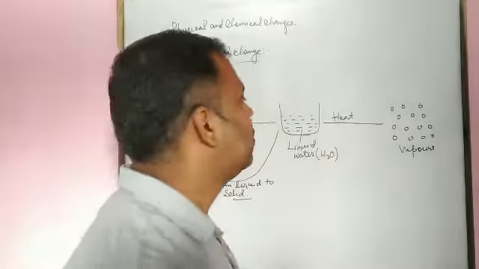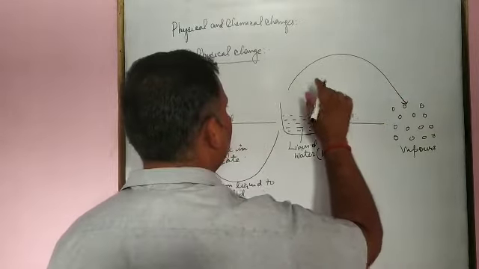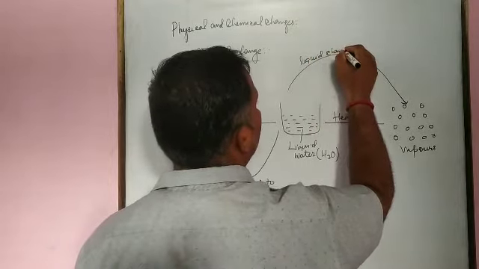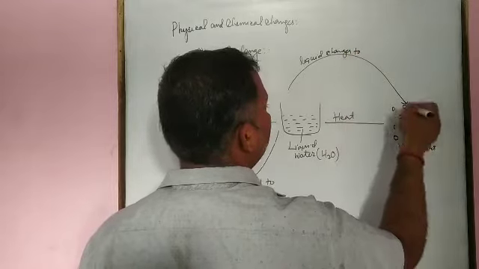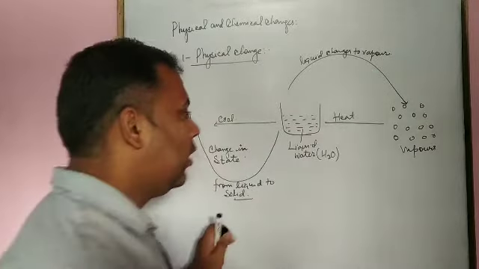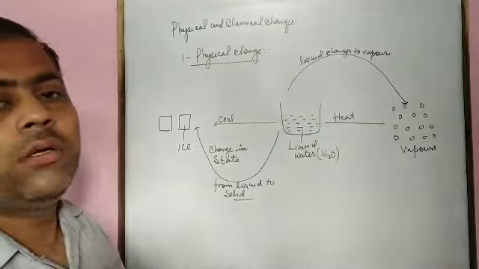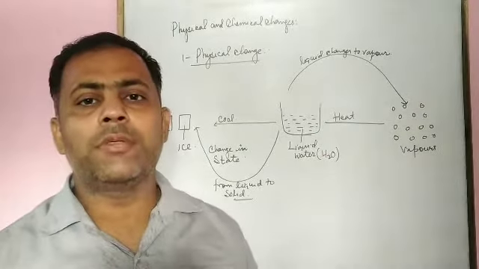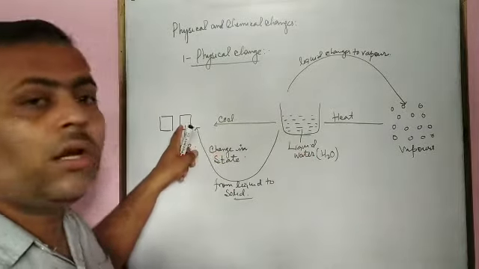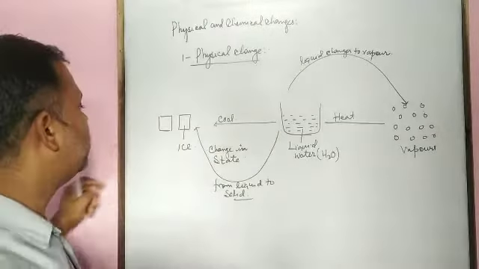In this context, the change has occurred on increasing temperature. Liquid changes to vapor. It means in this context too the change has occurred. But let us see whether new substances form or not. Here it is H2O. Here the change has occurred, but it remains H2O.